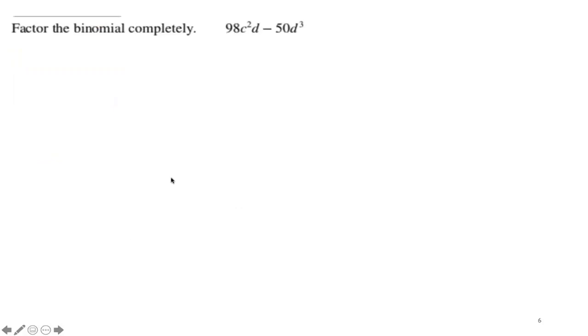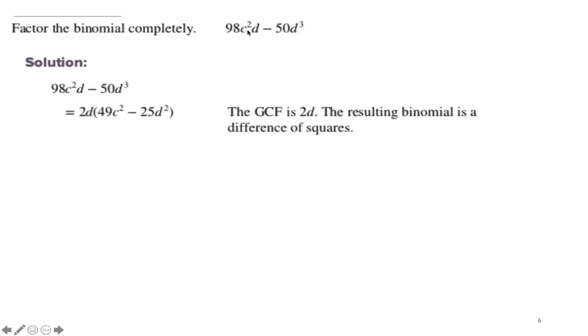This one is similar, except that again, we should look for the greatest common factor first. Notice there's a 2 that we can factor out of the 98 and 50, and between the variables, there's no c in both terms. There's a d term here and also d cubed, so we take out the smaller power, which is the d term. And so 2d is the greatest common factor.